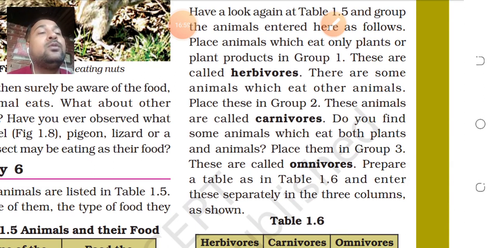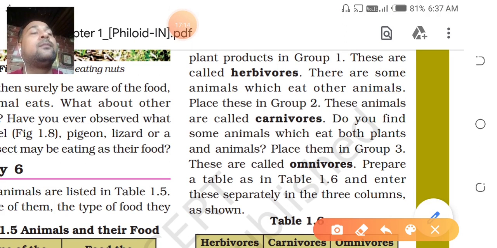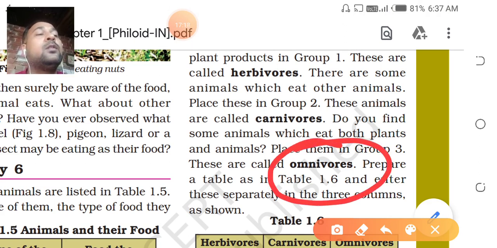Means they take plants or plant products as well as other animals also.